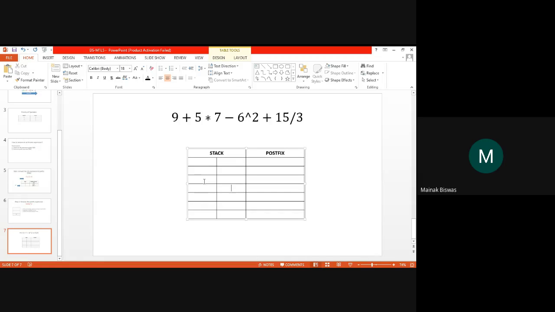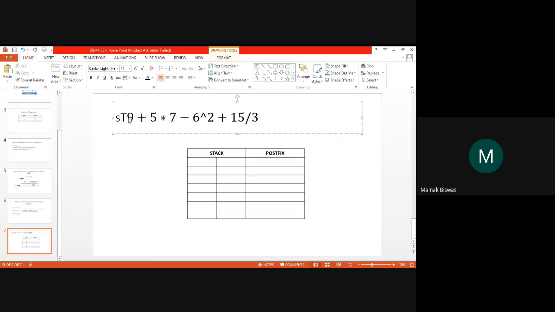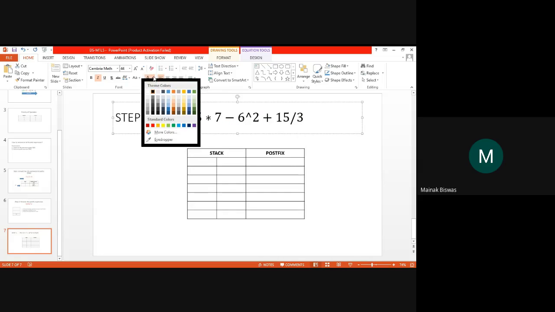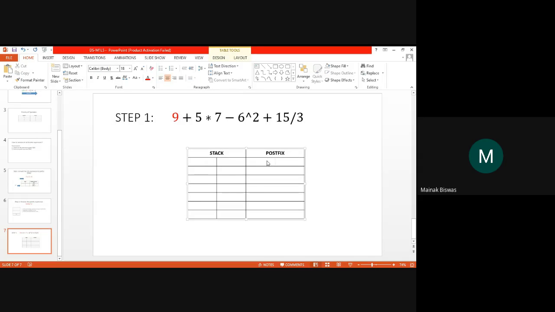That's how it works. So let us take the first symbol, that is 9. This is just step 1, right? So the first thing we encounter is 9. So 9 is added to the postfix expression.